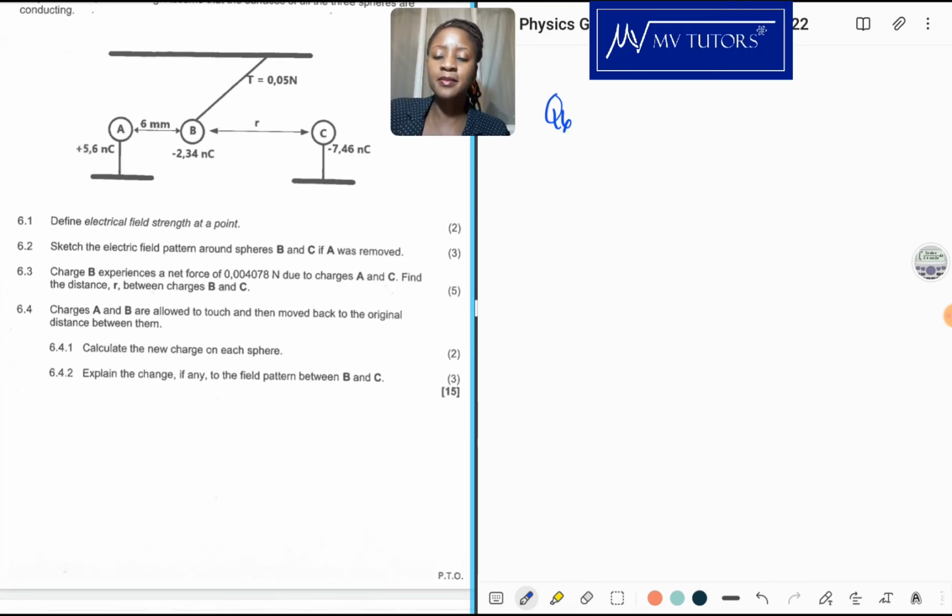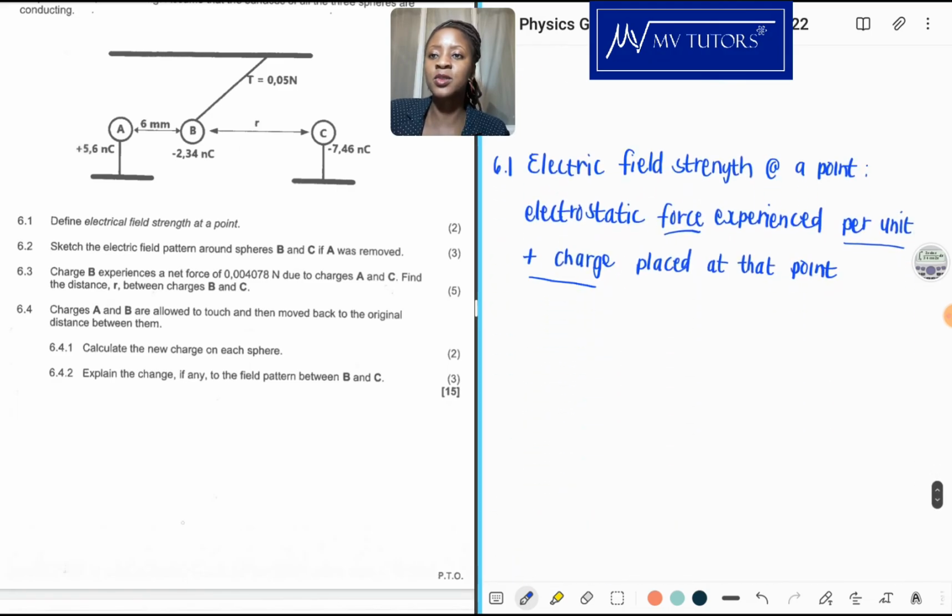So for 2 marks, let me just write it down so that we don't spend time writing the definition. It's basically electrostatic force. Keyword there: electrostatic force, not just any force, electrostatic force experienced per unit positive charge placed at a point. So those 3 phrases: electrostatic force, per unit positive charge, placed at a point.